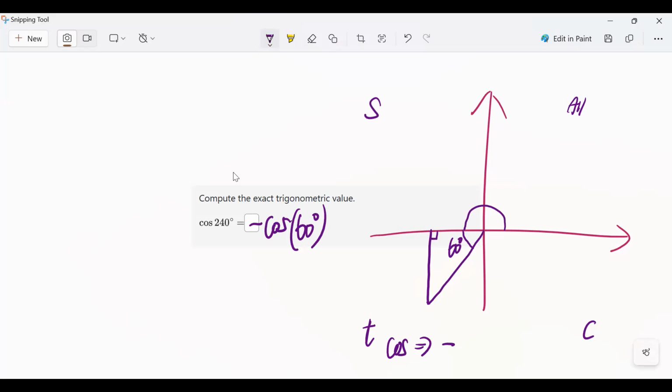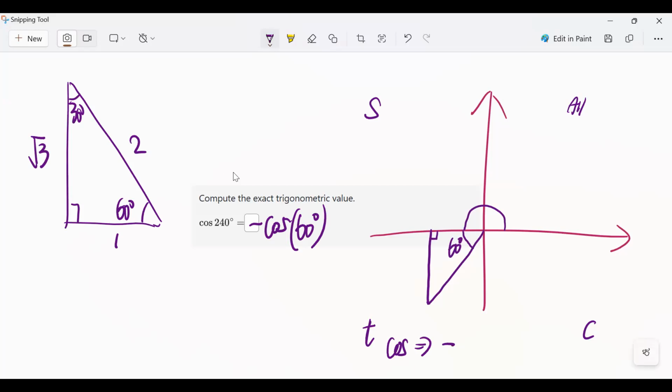So this will equal minus cosine 60 degrees. If you draw a right triangle, this is 60 degrees, this is 1 unit, this is 2 units, this is 30 degrees, and the other side is the square root of 3 units. The sign is minus because it's in the third quadrant. Based on the 30-60-90 special triangle, cosine 60 is adjacent over hypotenuse, so it's a half.